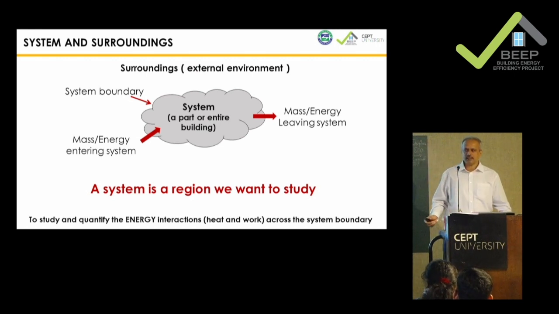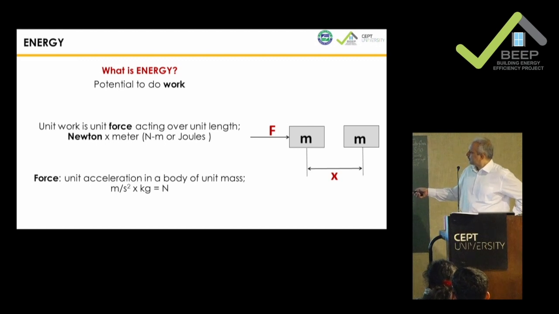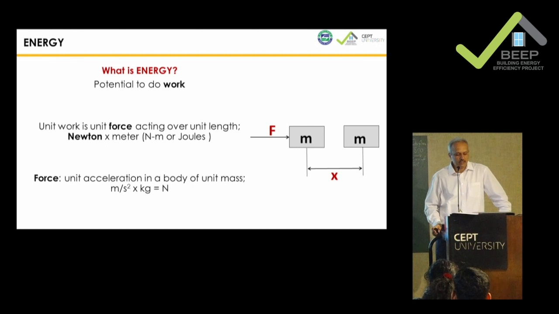As we know, energy is basically a potential to carry out work. So if some mass is here and needs to be transported to this place, what you require is a force. And newton and joule are units which we use. All of you would have studied this in your 8th, 9th, 10th standard.